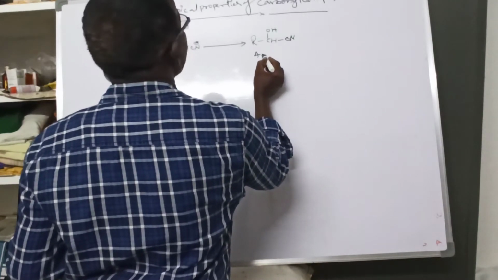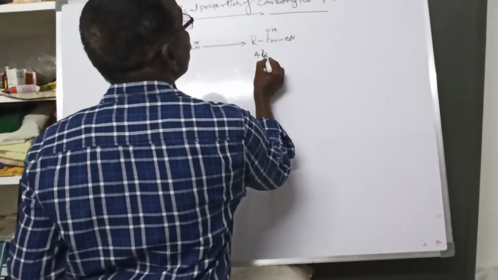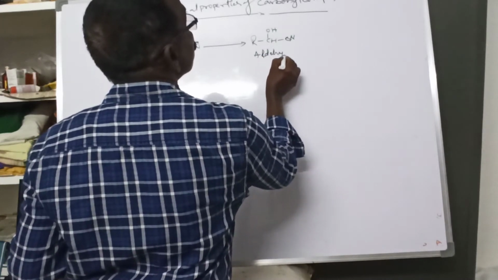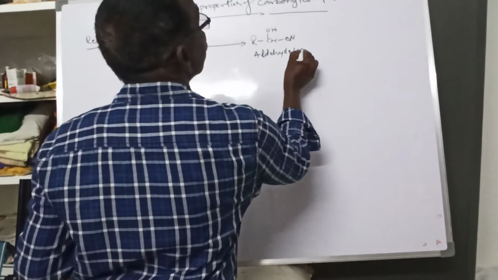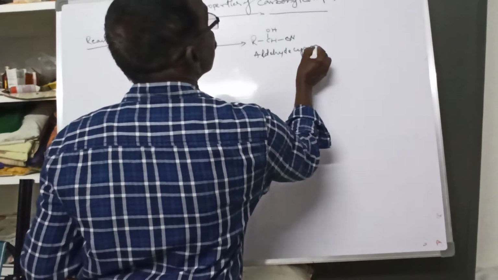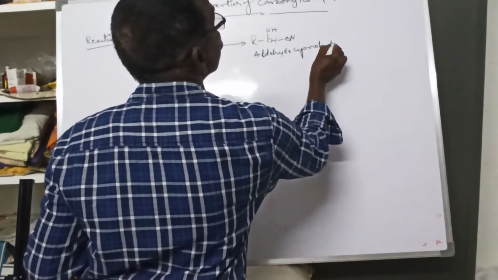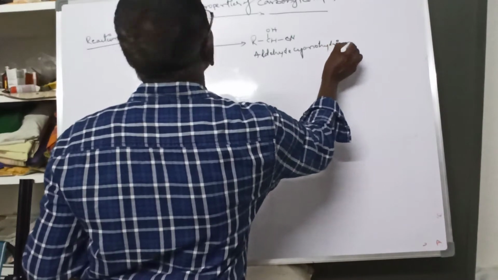So the aldehyde cyanohydrin compound is formed.